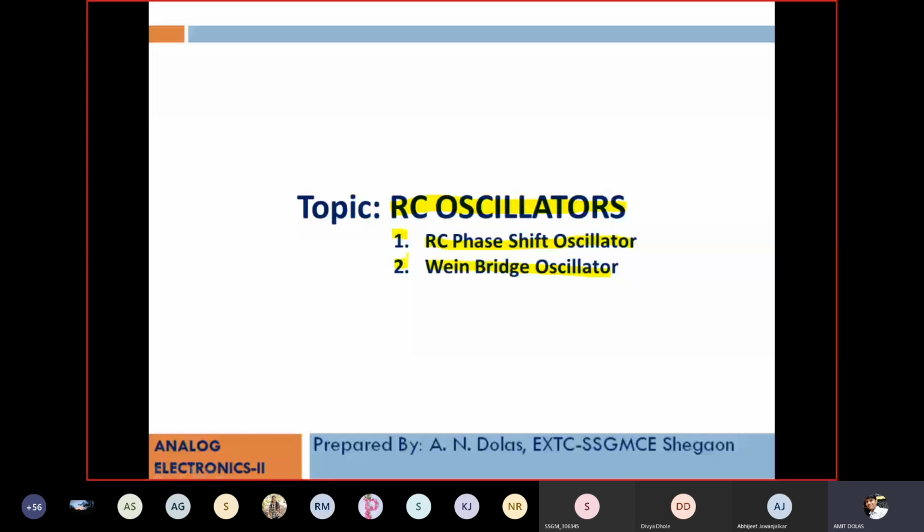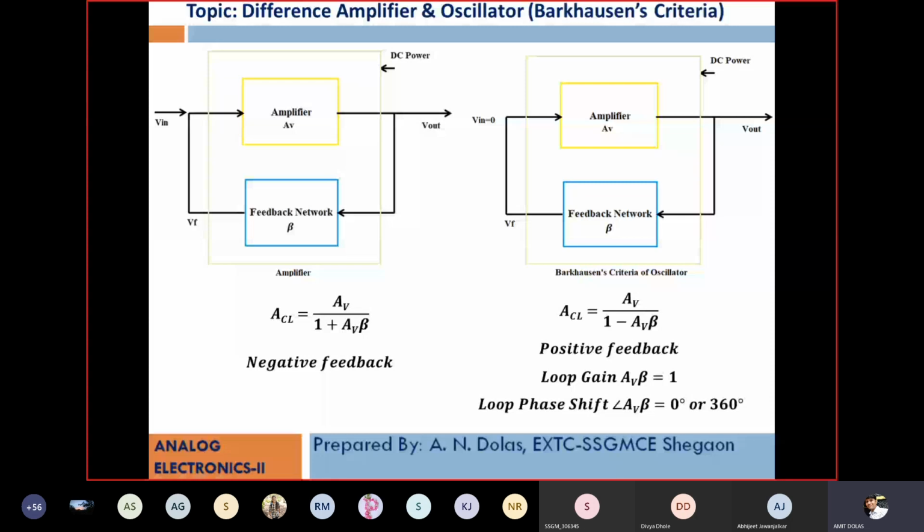So moving to the RC oscillators, you should know what Barkhausen's criterion is. You have learned this criterion several times in EDC as well as in AE1. So here we will just brush up the knowledge of the amplifier and the oscillator. You can see here, the first one is the amplifier.